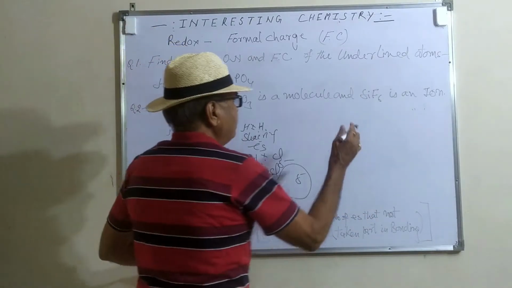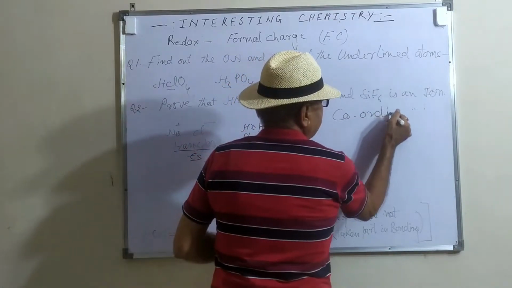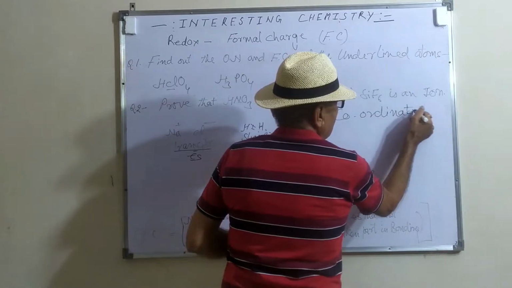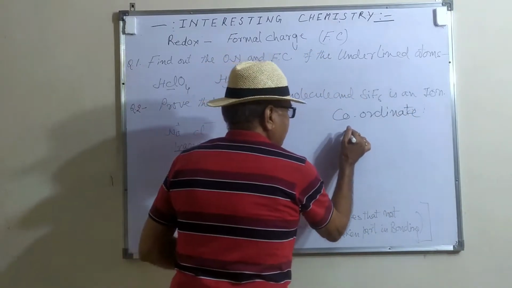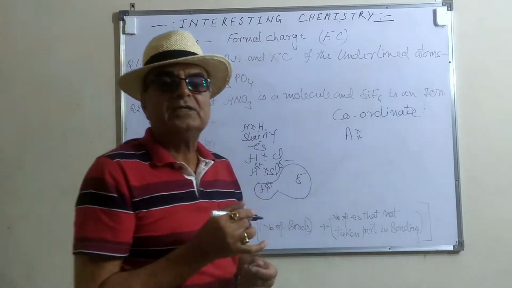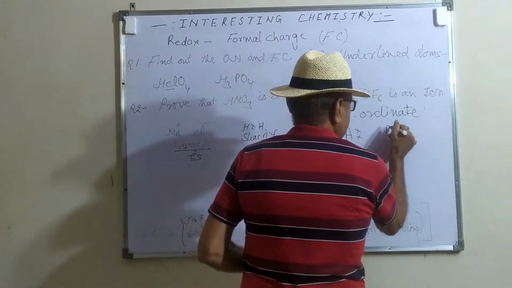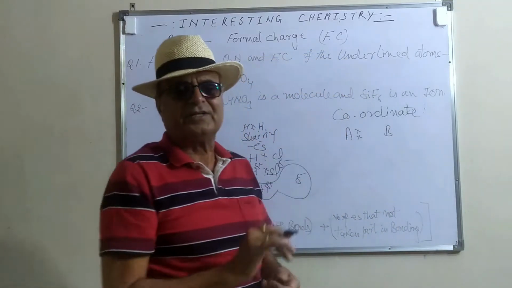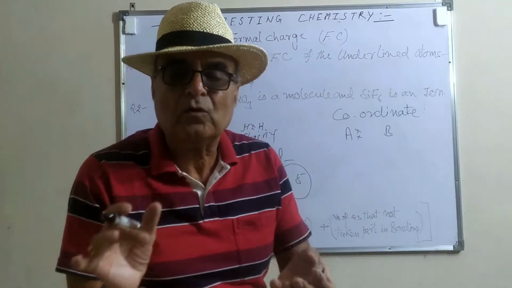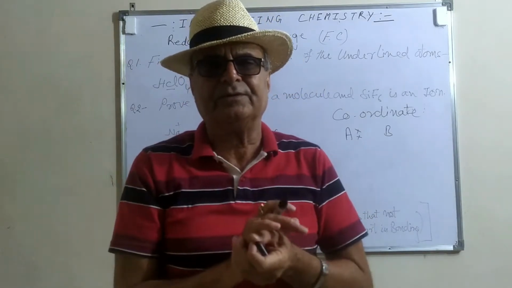This is a covalent bond. But in coordinate bonding, suppose this A is electron rich and this B is electron deficient, or has the capacity to accept electrons.